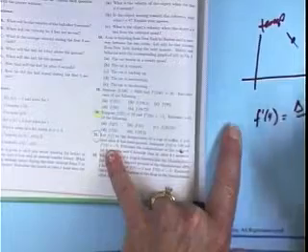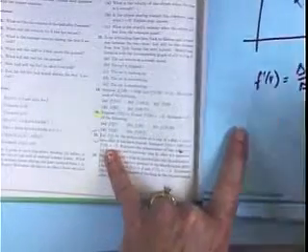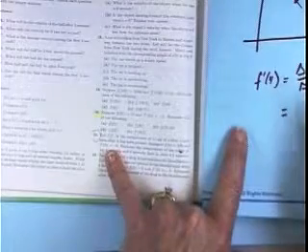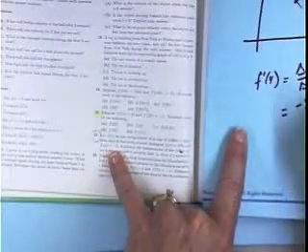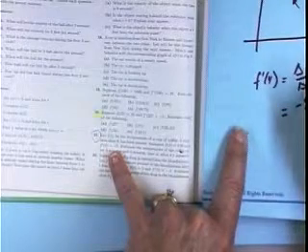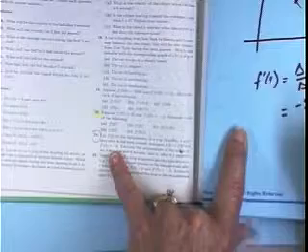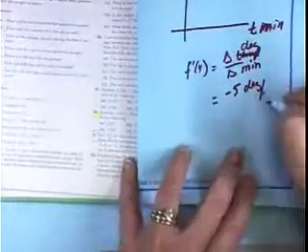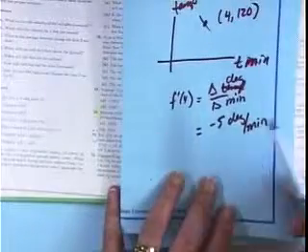Change in temperature over change in minutes. So if the derivative is -5, that would be change in degrees per minute. Degrees per minute. All right, thanks.